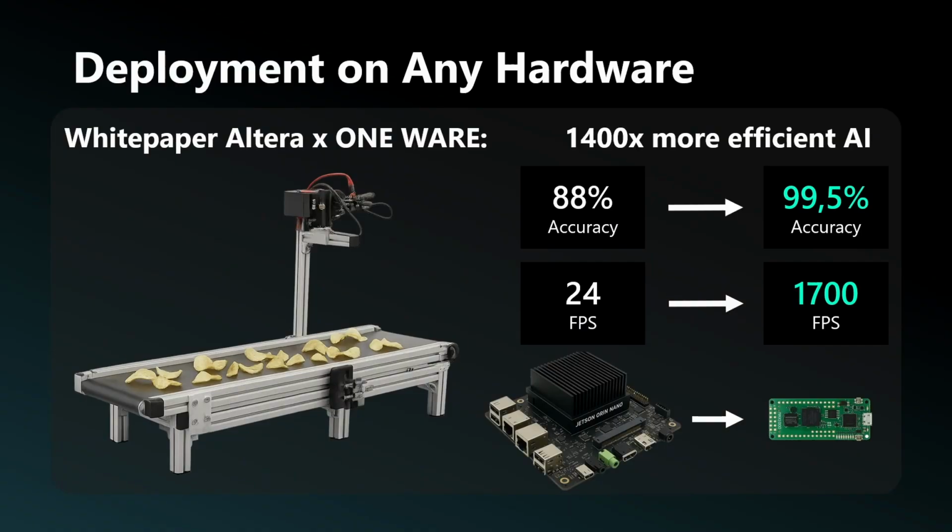And our results speak for themselves. With our partner Altera, we developed a demo for quality control for a production line that produces potato chips. And the task was to divide burnt potato chips from normal potato chips that are suitable for consumption.